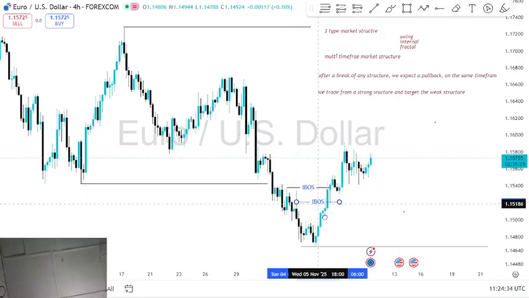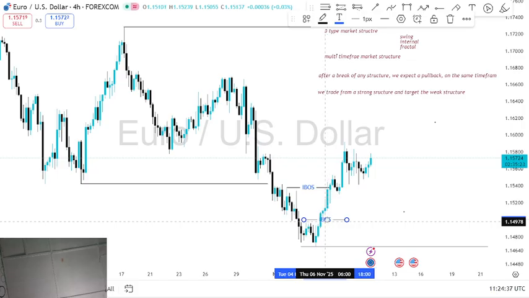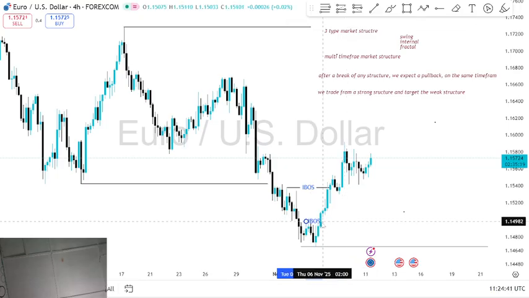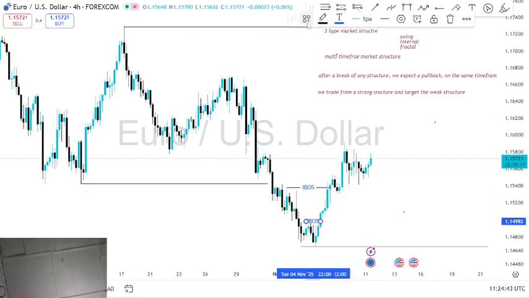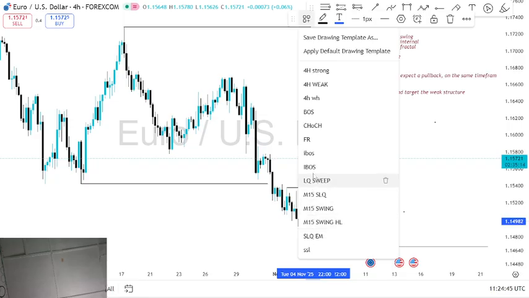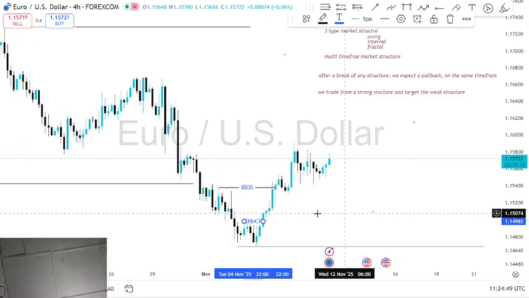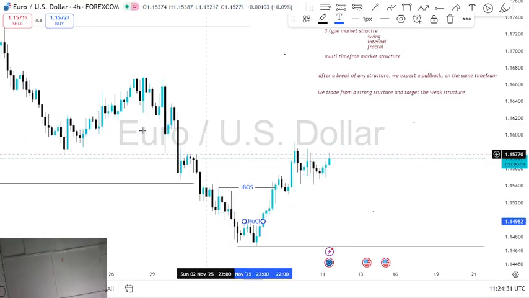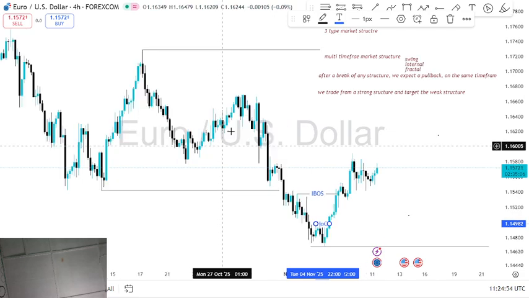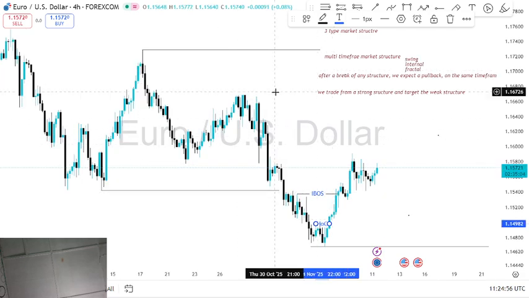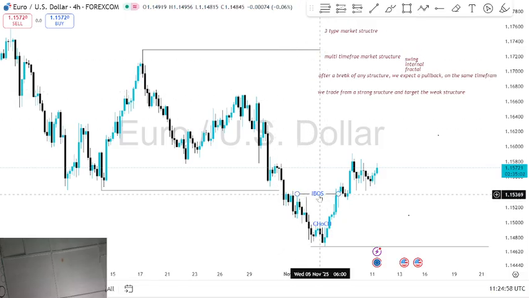Within this IBOS, we have the fractal structure. We will go much more deeply into why we have that as a fractal structure, why we have that as an IBOS, an internal structure, and you have a swing. So looking at what is happening here, here is an IBOS, an internal break of structure.